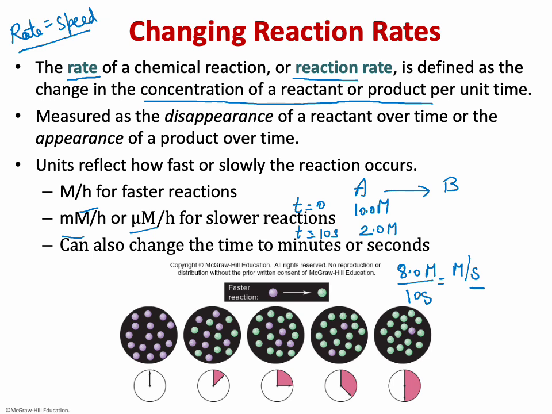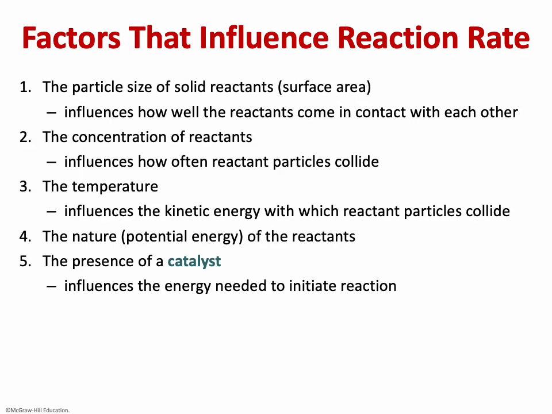Because A is a reactant. Reactant will always disappear. Or we can also measure it by measuring the amount of product that is being created. So rate of appearance of product. So these are called the disappearance of reactant or the rate of appearance of a product, because concentration of product is increasing over time.